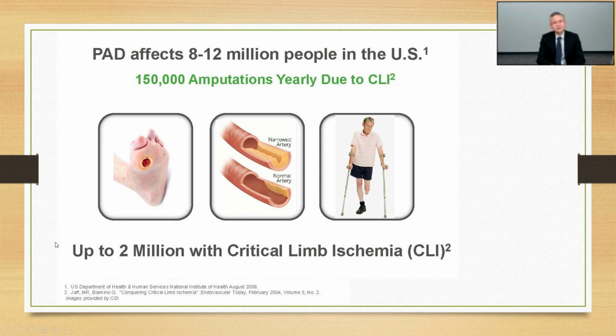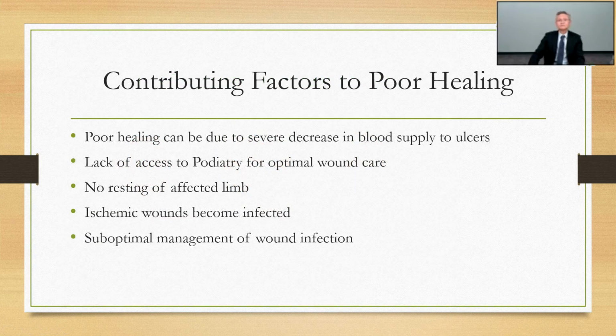The patient may have neuropathy, never detected, have poor blood supply, and doesn't really reach out for care, so they don't have podiatry care to watch the wound, to make sure there's no infection, to maybe refer them for vascular evaluation. And the patient may not have treatment in case they have a wound infection.